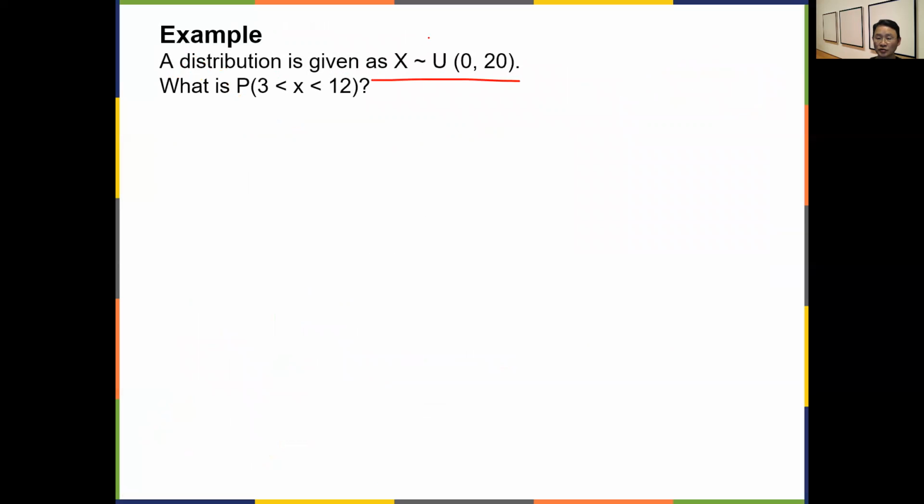Let's interpret this. This x means this is a probability distribution, but this U means what? This is uniform. That U means this is going to be a uniform distribution.